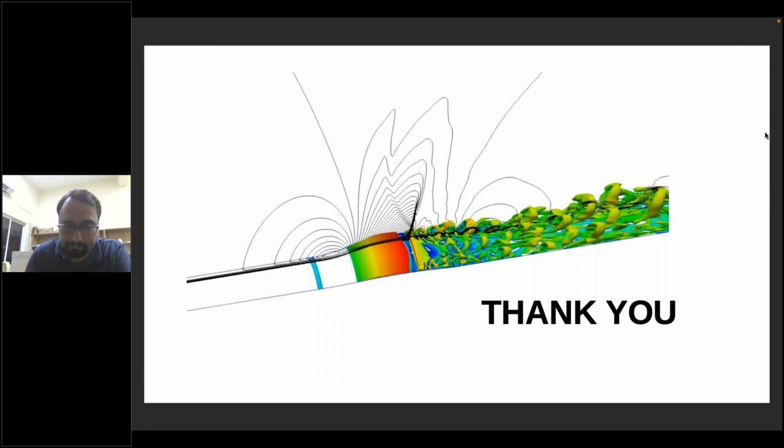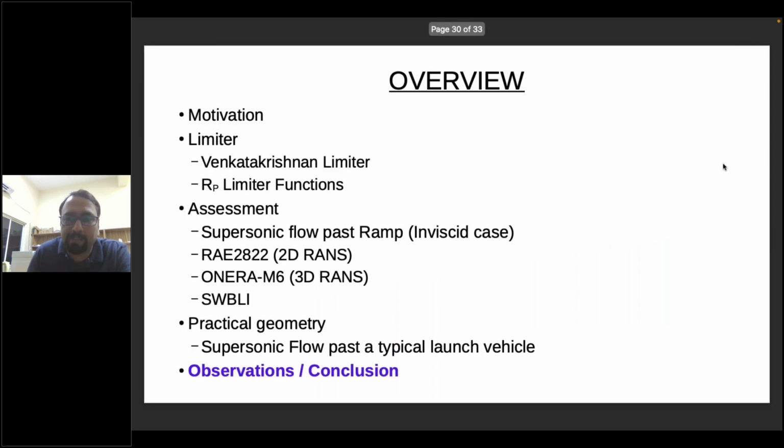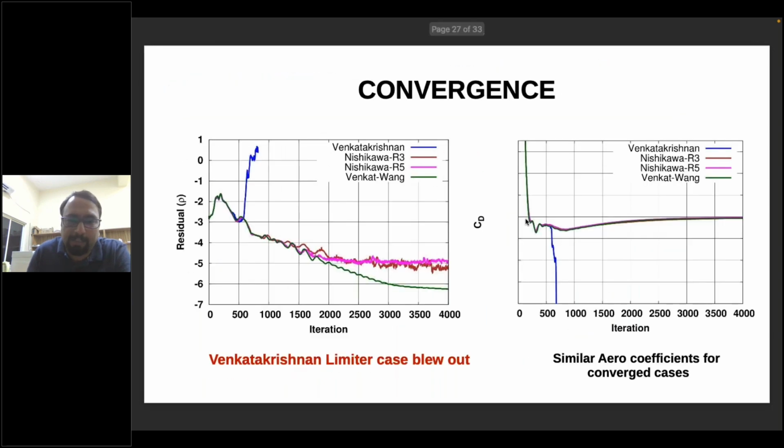So the question is if there is a case where the RP limiter is preferred over the Venkat limiter. Like I showed, in some cases, for example in this case itself, the original Venkatakrishnan limiter blew out. So if you are facing a convergence issue anywhere, you may give it a try. And if you are looking for as low dissipation as possible, like I mentioned, hypersonic cases or scale resolving simulation, you can give it a try.